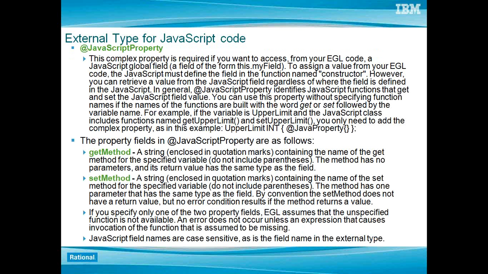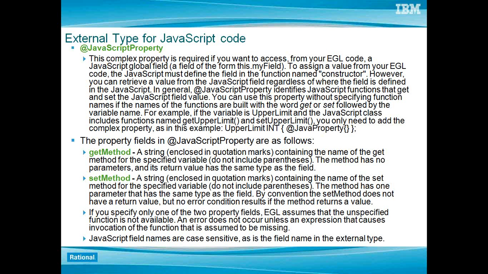Okay. Now we have some other properties here. We are going to learn about them. For example, let's say we have a variable inside of our JavaScript, and we want to call it inside of our EGL code. Then using the @JavaScript property, this reserved word, we can access that property and use that JavaScript variable inside of our code.